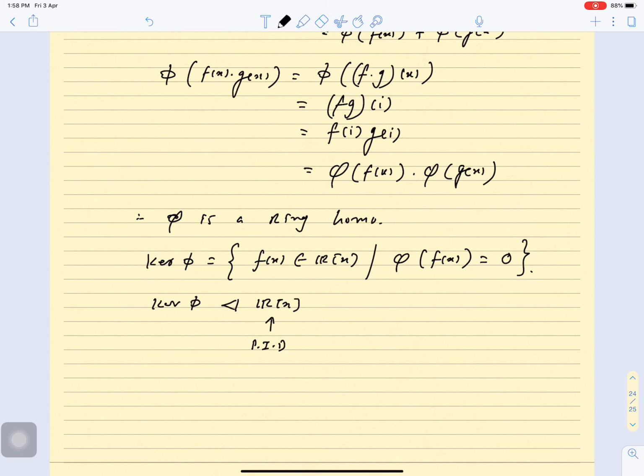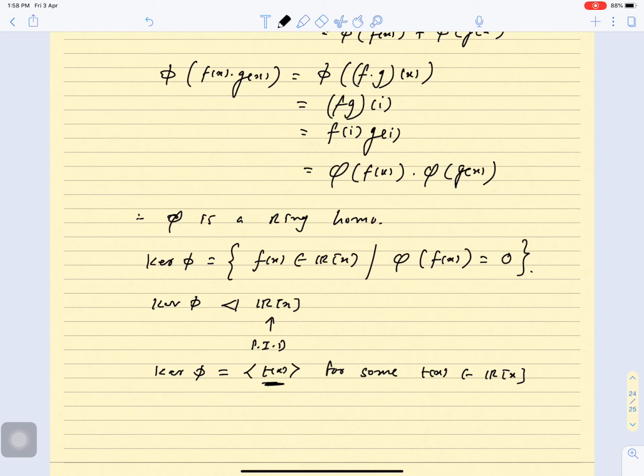So the kernel of phi will be generated by a single element, say t(x), for some t(x) belonging to R[x]. Now my question is, what should this polynomial t(x) be?